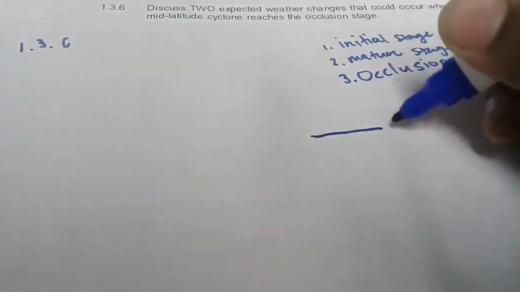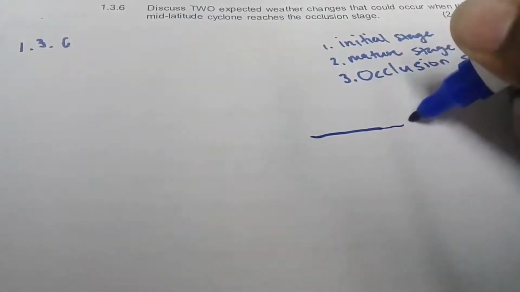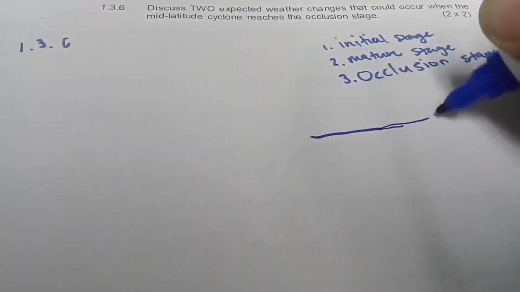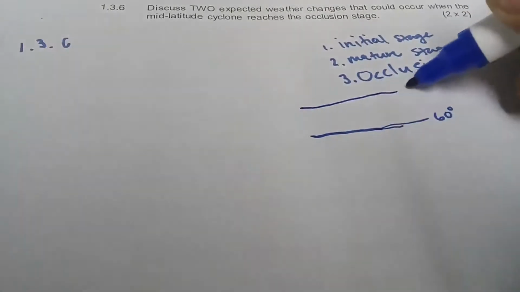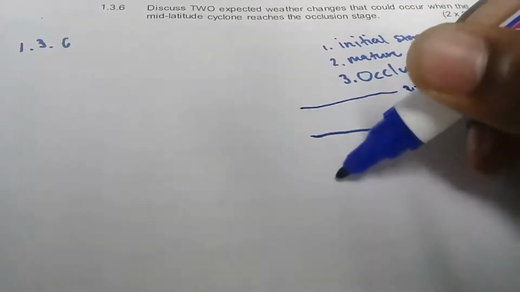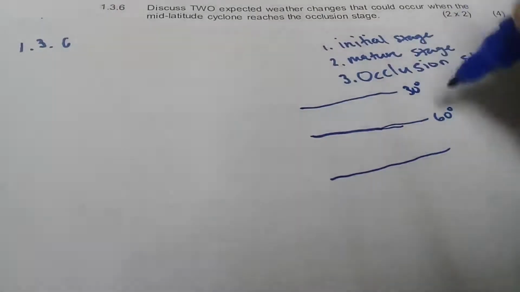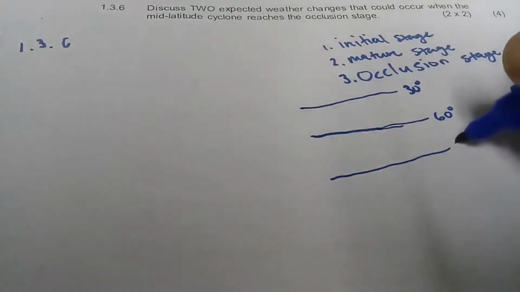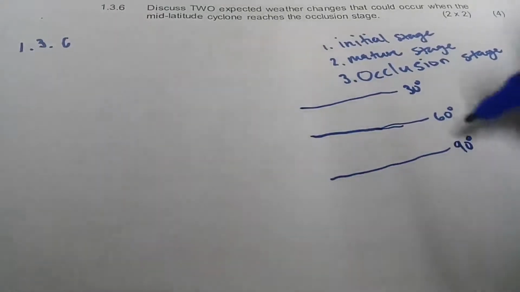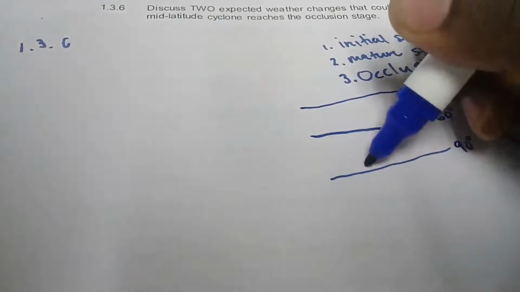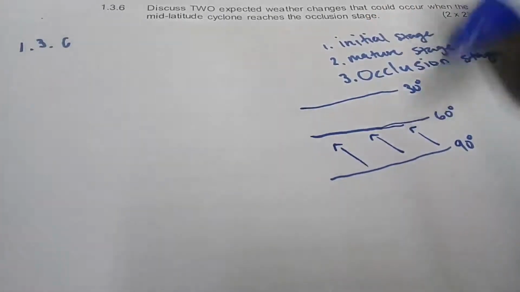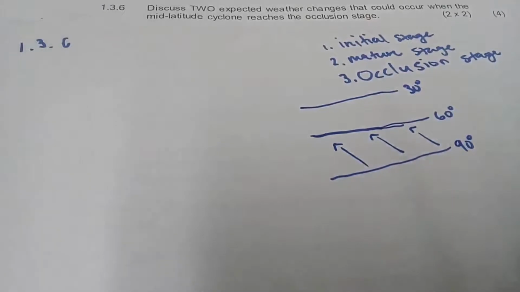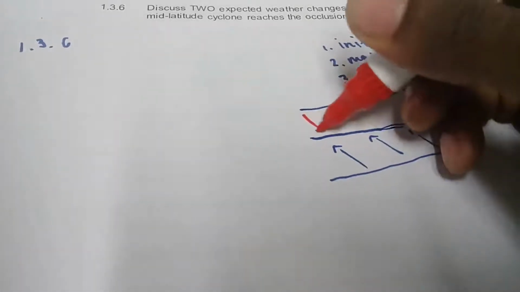Let's say this is 60 degrees. This is 30 degrees. These are the latitudes, guys. These are the poles, 90 degrees, right? And we're going to have these polar easterlies meeting the tropical westerlies.